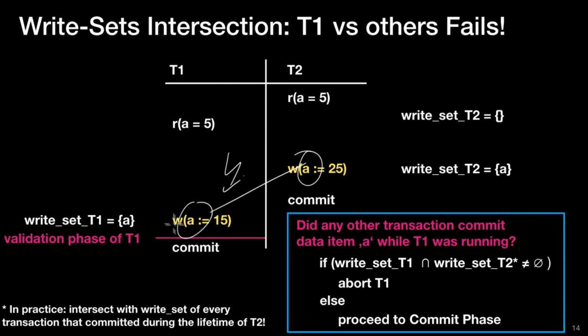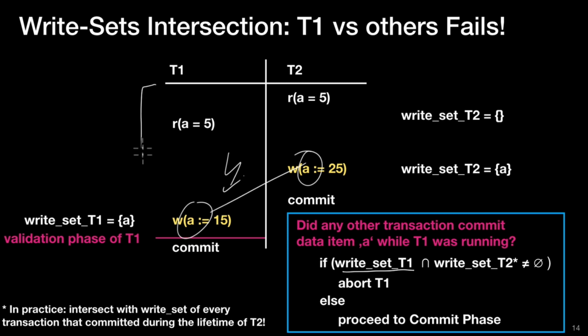So the write set at T2 at this point in time contains A. Yeah? And here's the same thing. The first time I write, I add something. Here, if I now wrote to B, I would add B as well, and so forth. And the check I'm performing at this point in time is to see whether the write set of the transaction I want to commit is intersected with each and every transaction that committed while T1 was running.